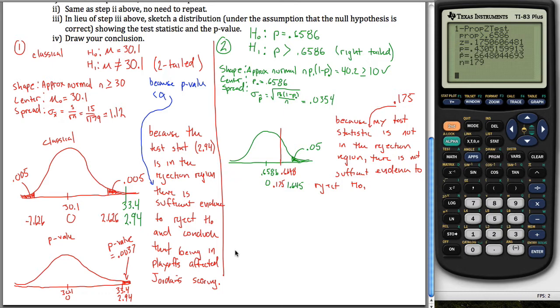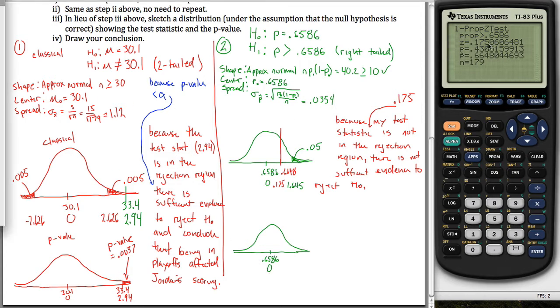Okay, now we can do that one more time down here for the p-value method. The good news for the p-value method is it's a little bit quicker. We can just use this output here. We know that 0.6586 was in the middle, which had a z-score of 0. And then I have this test statistic of 0.1751.